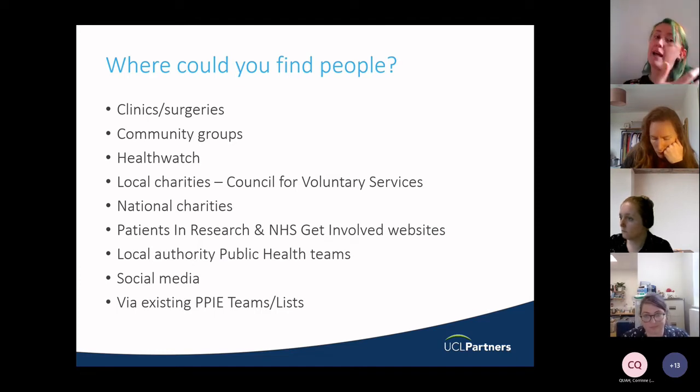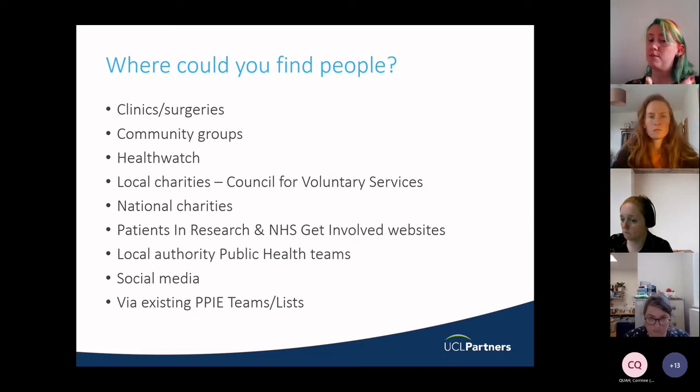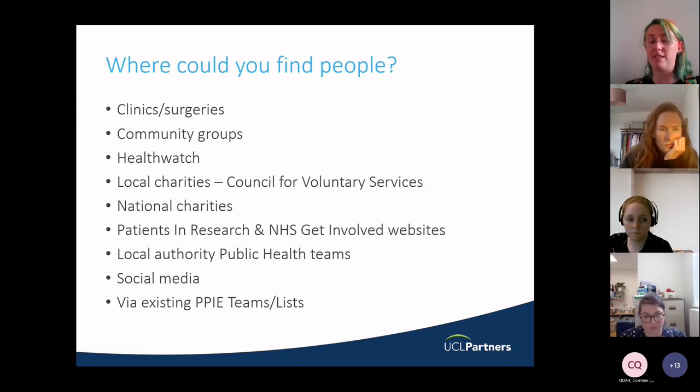So there are lots of other places that you may want to go to find people. There are lots and lots of community organisations out there. This might be community organisations who support or represent people with specific lived conditions, say, as I said, people that have experience of stroke.